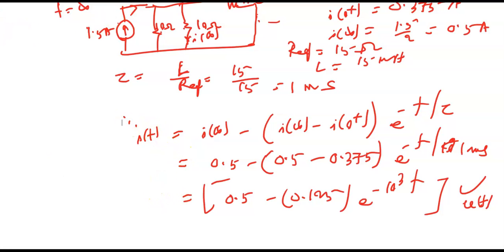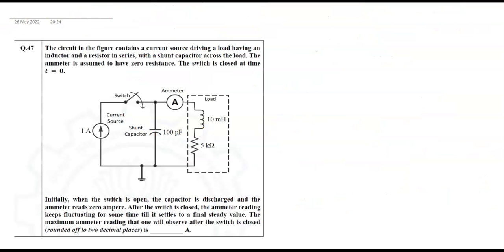So we'll move to the next question. That appeared in GATE 2021. The circuit in the figure contains a current source driving a load having an inductor and resistor in series with a shunt capacitor across the load. The ammeter is assumed to have zero resistance.